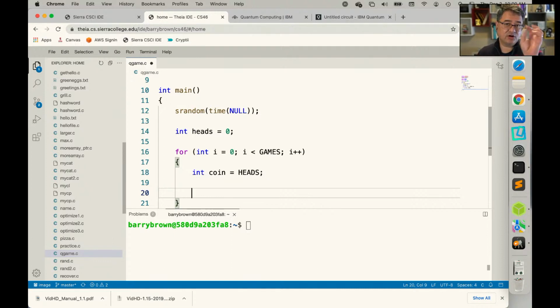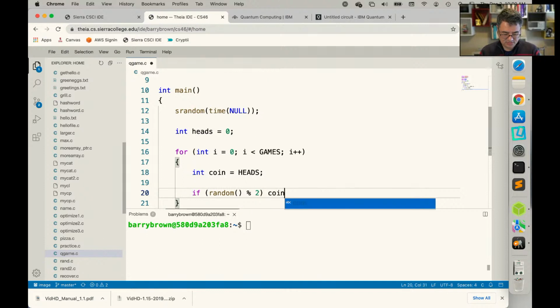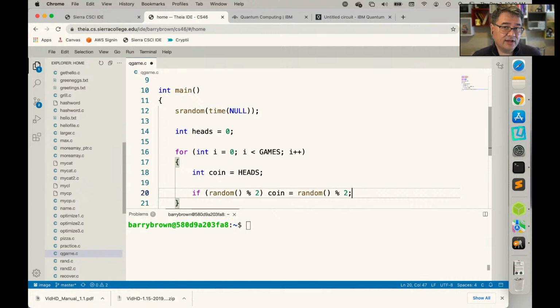So what we'll do is we'll call the random number generator, which is going to give us a large integer. And then if we do mod 2 on that integer, we'll get either a 0 or a 1. And that'll tell us whether or not we flip the coin. Okay? So if random mod 2, so if it decides to flip the coin, set the coin to be a random value, either heads or tails.